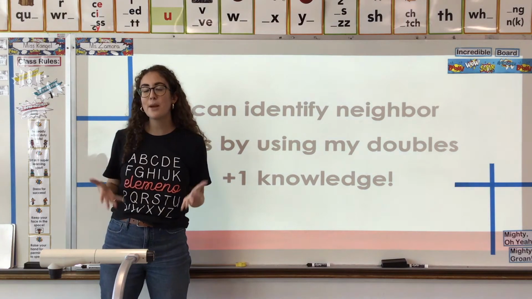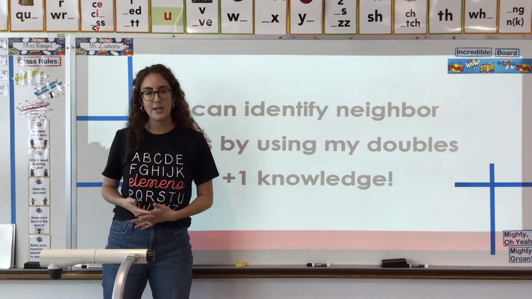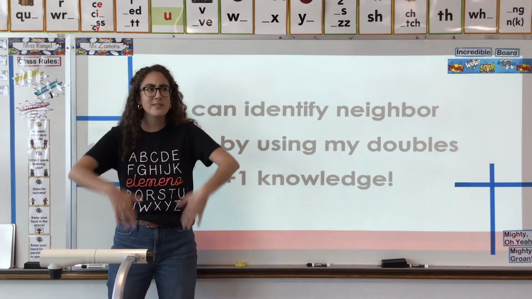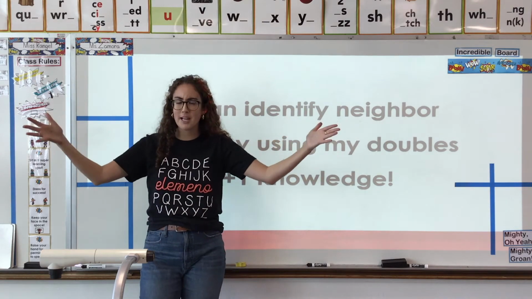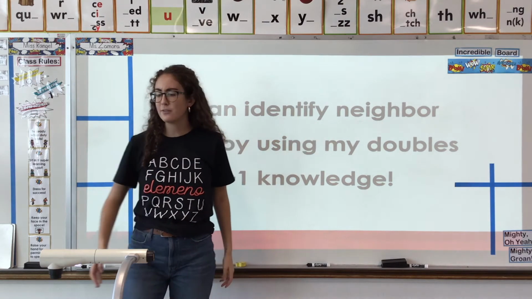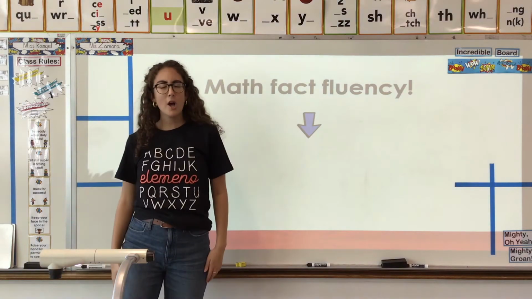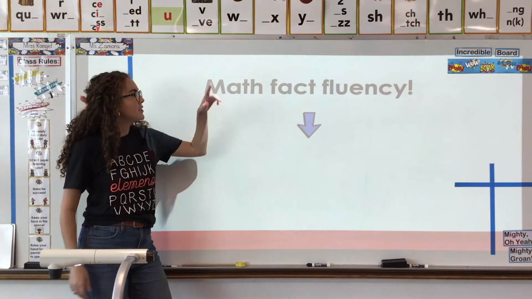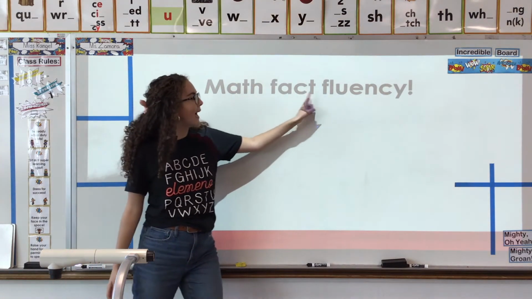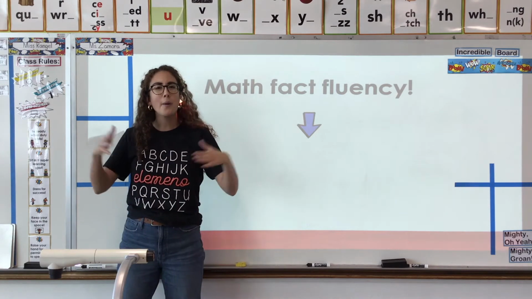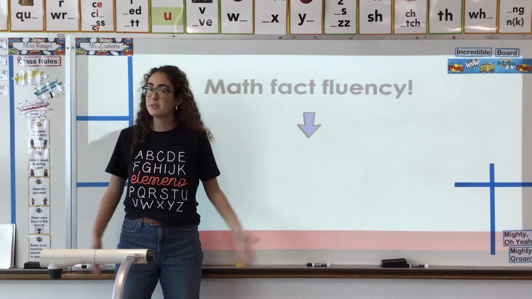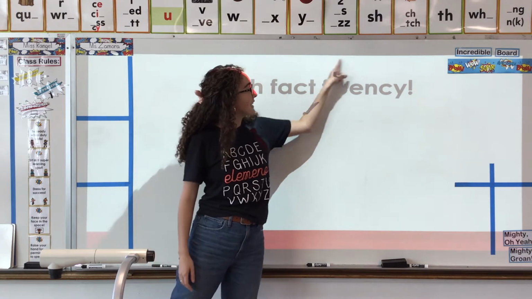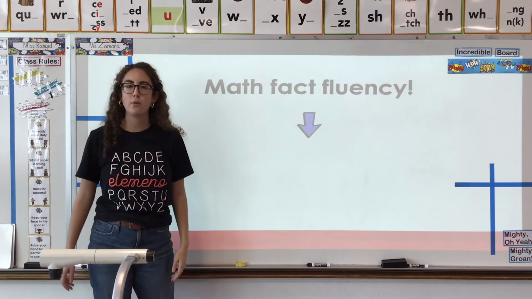So this is going to be our new math fact strategy. But let's remind ourselves, what is this big goal we're working on of our math fact fluency? We talked about this yesterday, but do we remember what is math fact fluency? Our big goal of this week, and really always. We've talked about fluency in reading before.